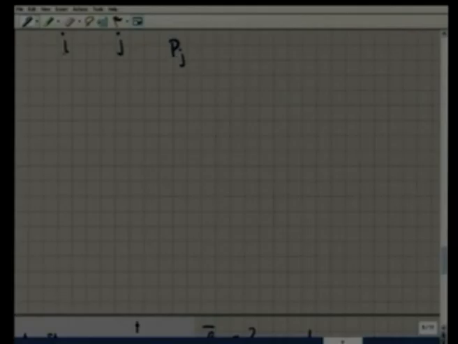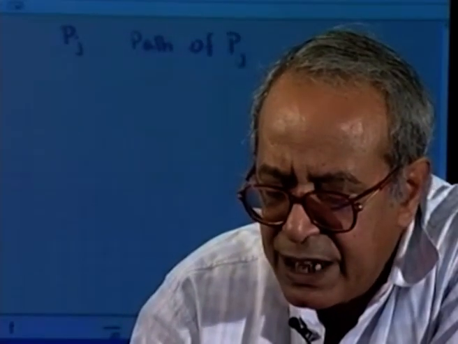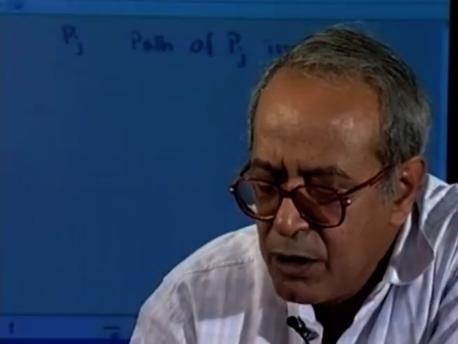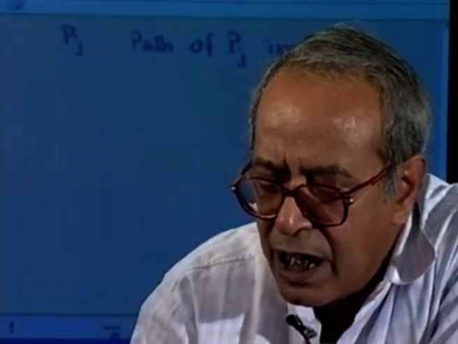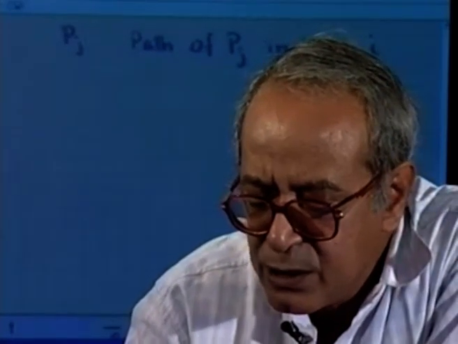This is very important. Whether it is the path of Pi in body J is known, or whether it is the path of Pj in body I is known. So here I am assuming the numbering is such that it is the path of Pj in body I, body numbered I, is known.